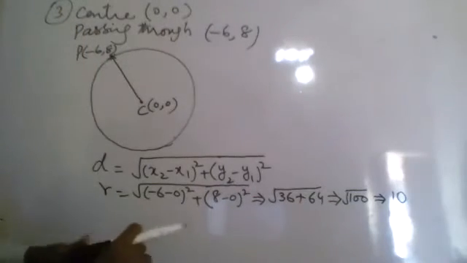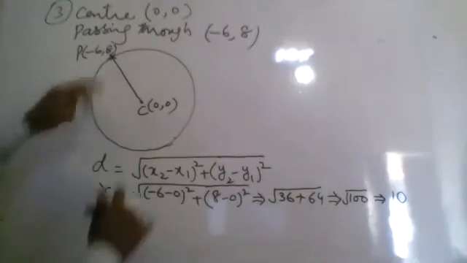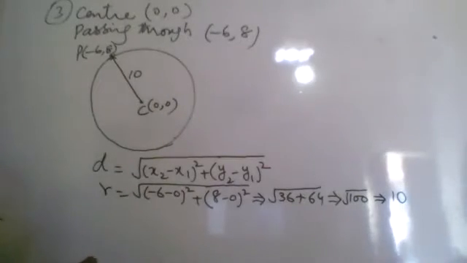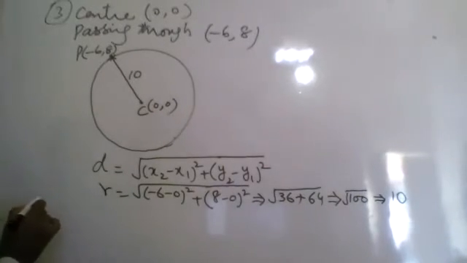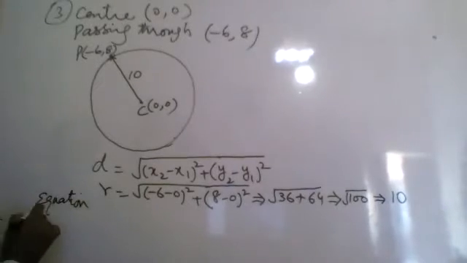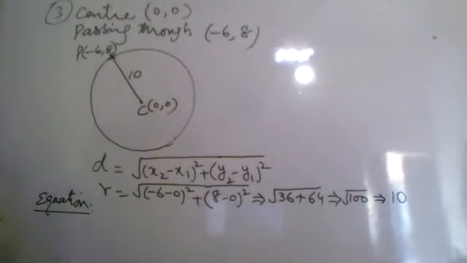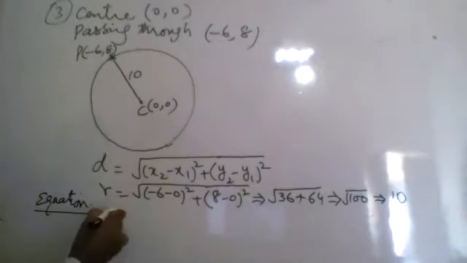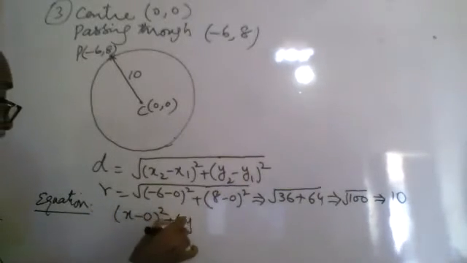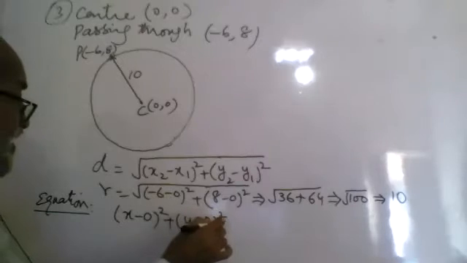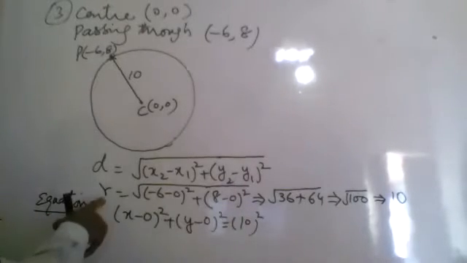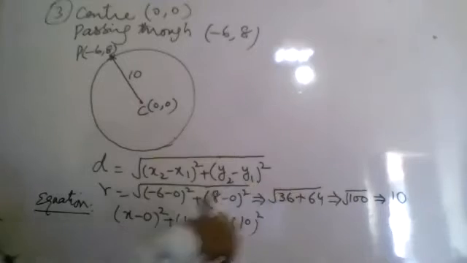Now we know the radius is 10 and we know the center is (0, 0). We can find the equation of the circle. So the equation: x minus 0 whole square plus y minus 0 whole square is equal to 10 square. Radius is 10.